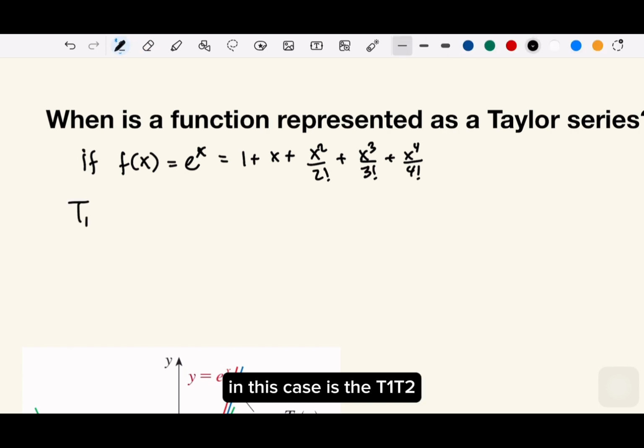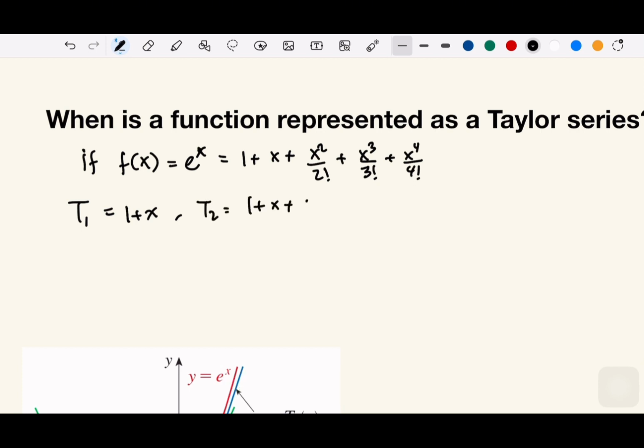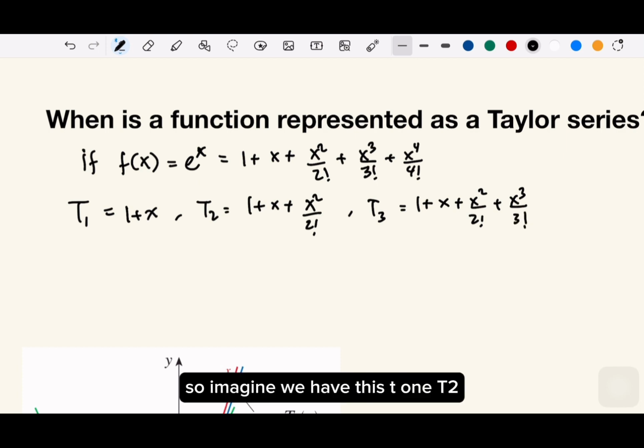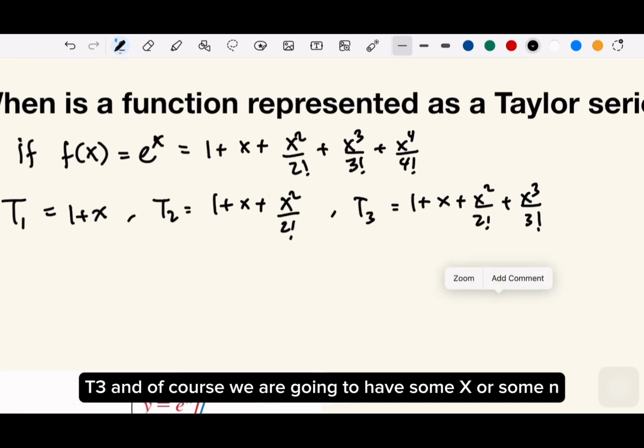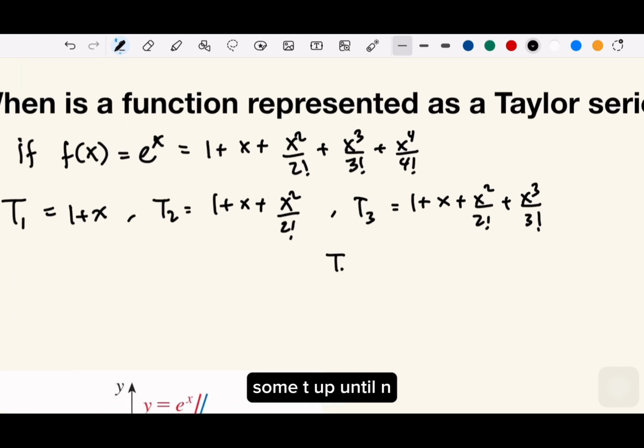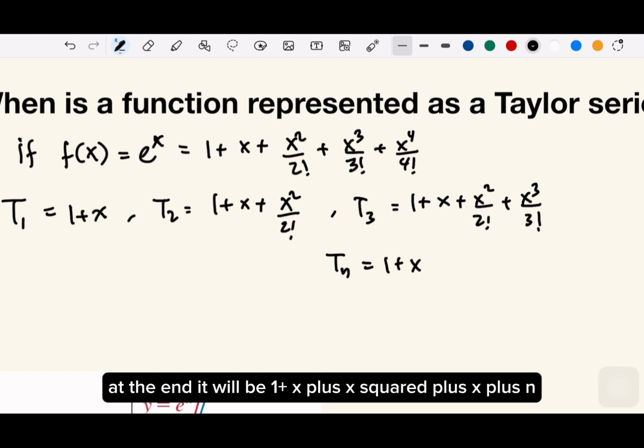In this case, it is T1, T2, and then T3. Imagine we have T1, T2, T3, and up until n, Tn. It will be 1 plus x plus x squared plus dot dot dot x to the power of n.